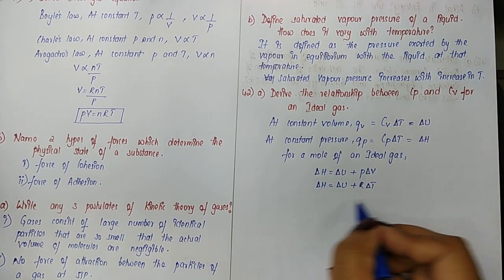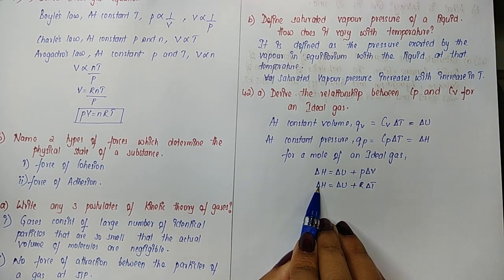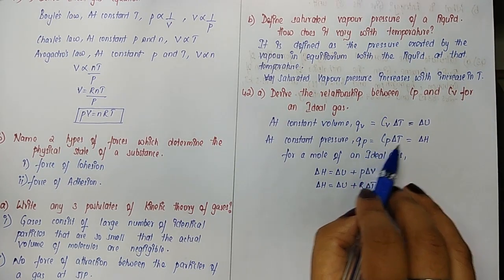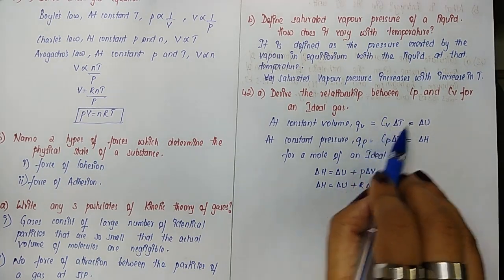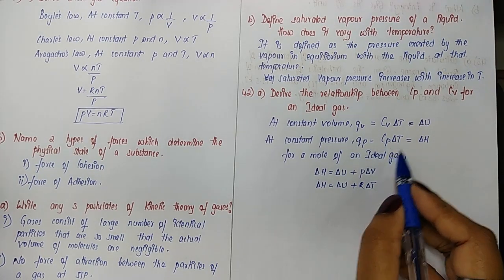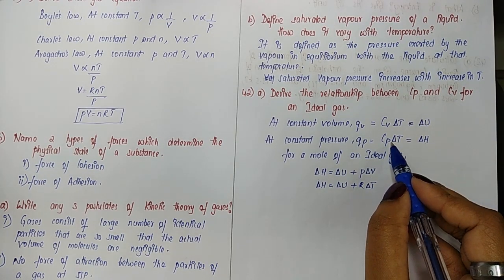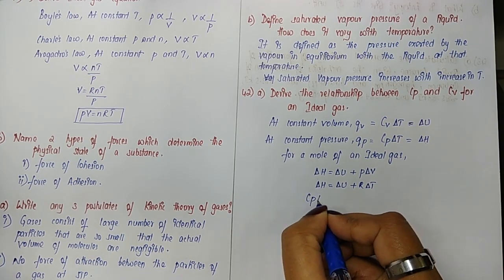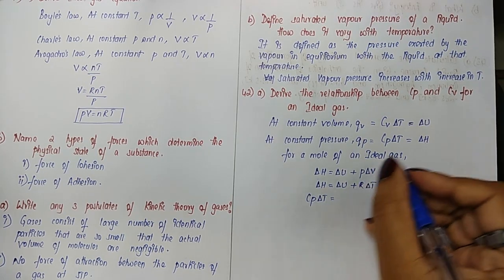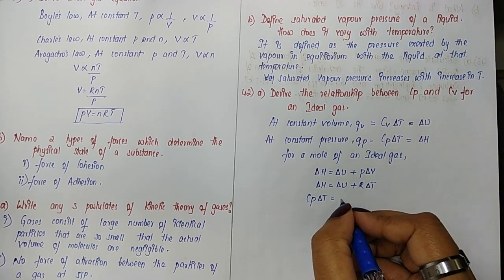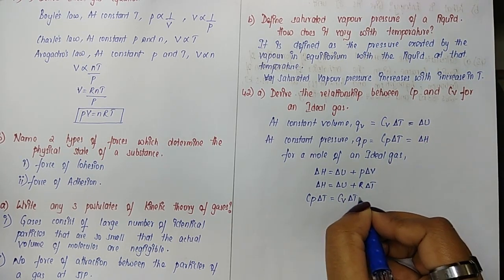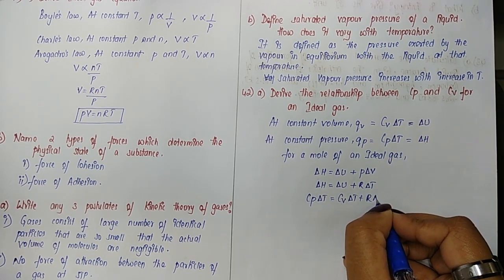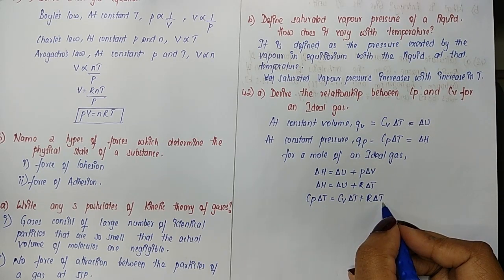Now you can't further simplify this equation. So wherever you have delta U, substitute Cv into delta T, and wherever you have delta H, substitute Cp into delta T. So Cp into delta T is equal to Cv into delta T plus R delta T. Now in this equation, what is common?